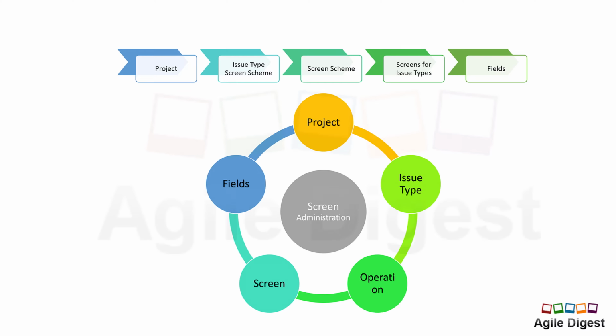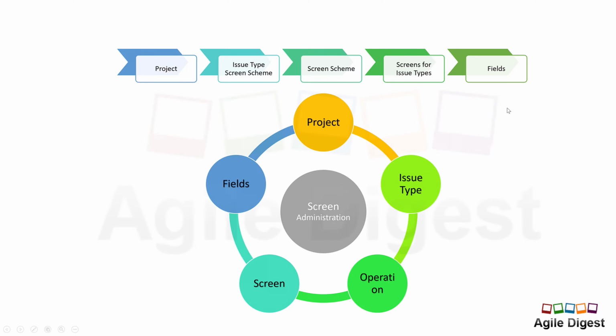So we know that we have projects that we already have talked about, and within projects we have an issue type screen scheme. And within issue type screen scheme, we have screen schemes, and within screen scheme, we have screens for issue types and fields.